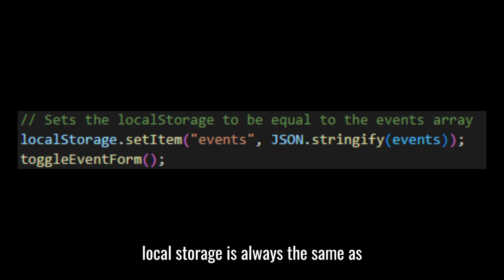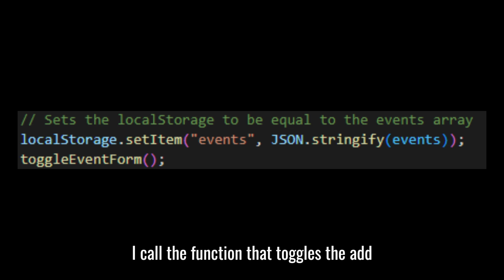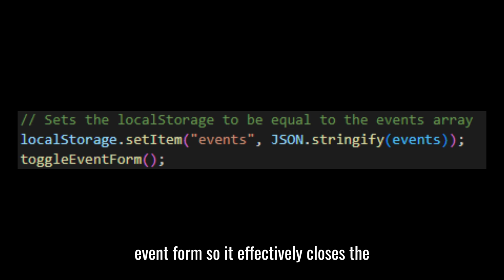So local storage is always the same as the events array. And finally, I called a function that toggles the add event form, so it effectively closed the event form after the user has saved their event.